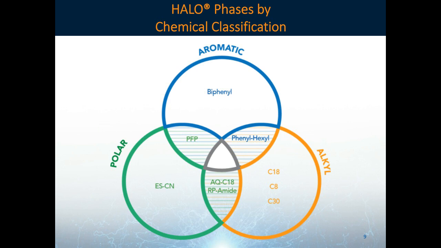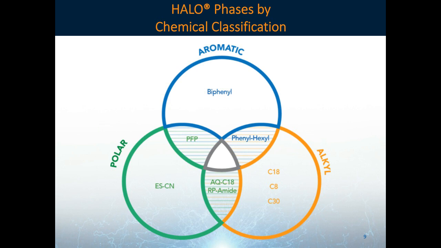In the overlap section between aromatic and alkyl, we have phenylhexyl. And then solely alkyl is C18, C8, and C30. And then finally, in the overlap section between the alkyl and polar phases are the AQ-C18 and the RP-Amide bonded phases.